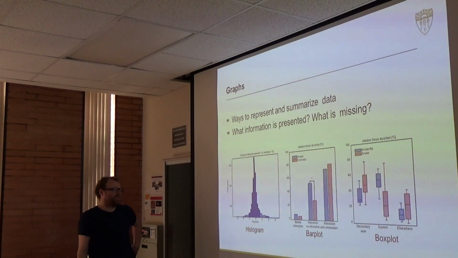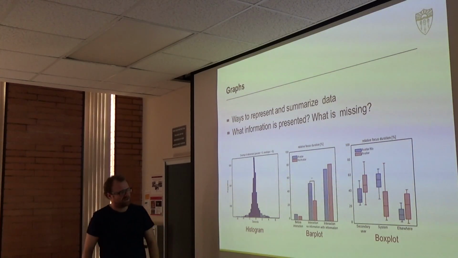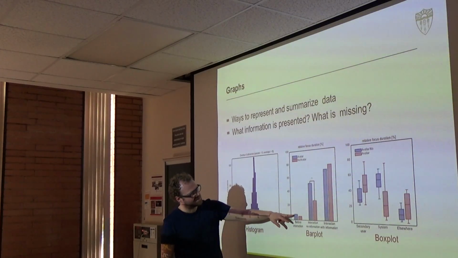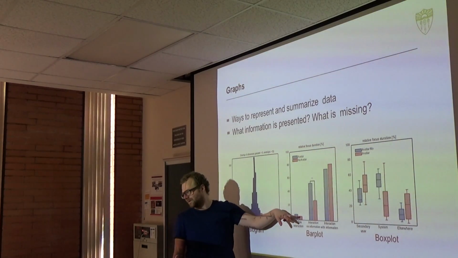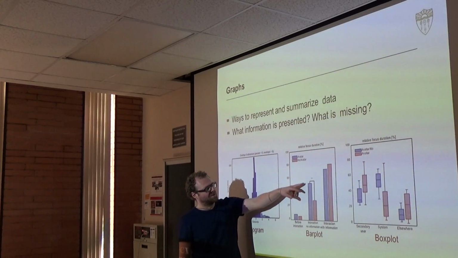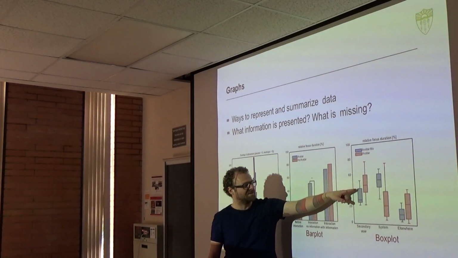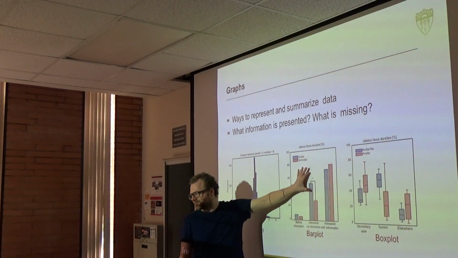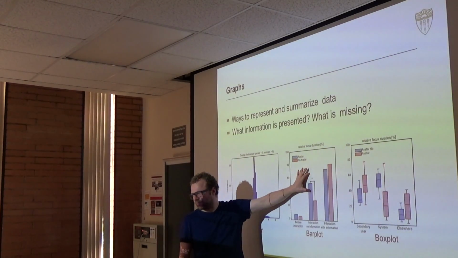So I prefer these more compact representations like bar plots and box plots. Another thing that's missing in the bar plots, for example, is that you only have the mean or the median value. So you could add whiskers of standard deviations around the median or mean value.